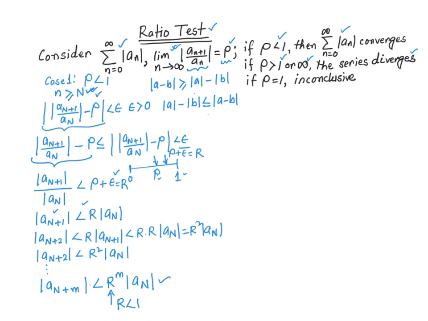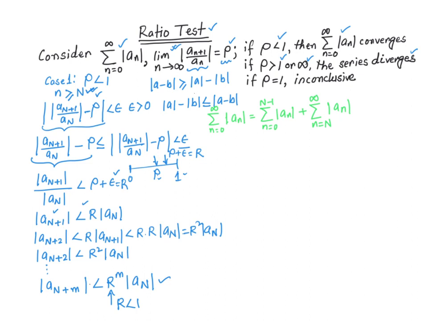So let's take the summation n equals 0 to infinity of the absolute value of a sub n. I'm going to break it down into two pieces: summation n equals 0 to capital N minus 1 of the absolute value of a sub n, plus summation n equals capital N to infinity of the absolute value of a sub n.